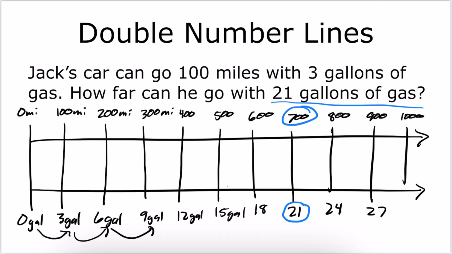Well, because 16 gallons of gas is right here on this number line, I know that the distance he can go should be between 500 and 600, but it will be closer to 500 than it will be to 600. So that's how you can use double number lines to solve proportional word problems. And in this case, it was really easy because 3 times 7 gave us the number 21. But you can still use double number lines even if they aren't scaled by a whole number.